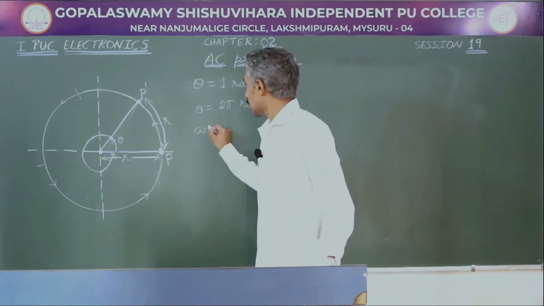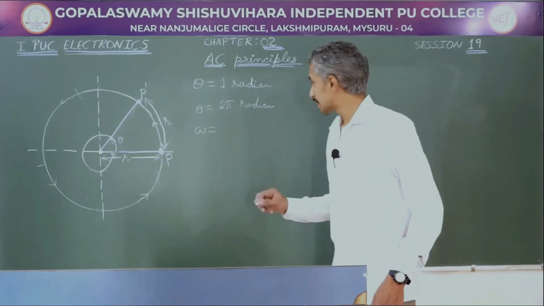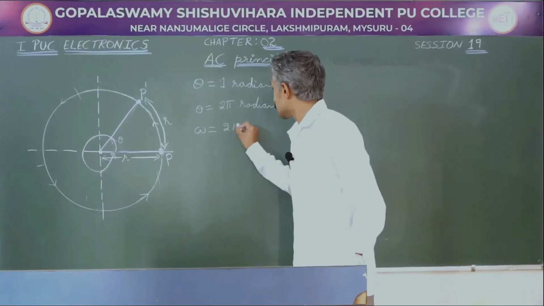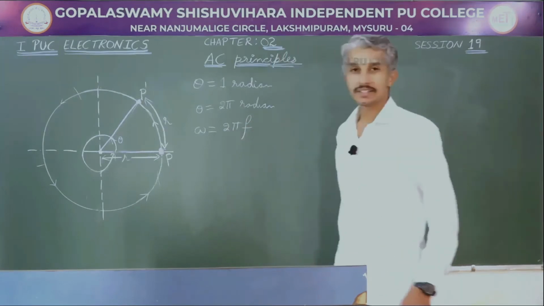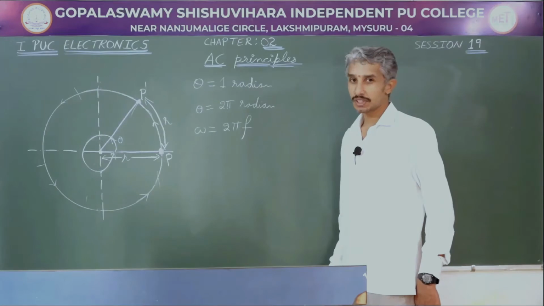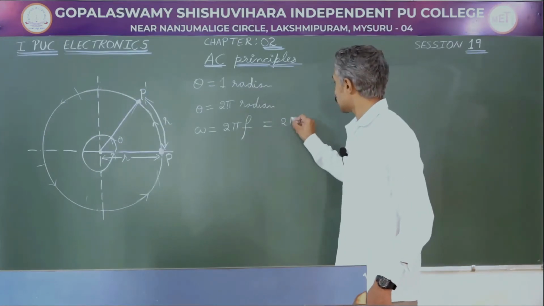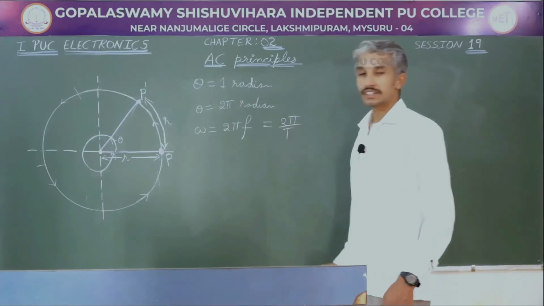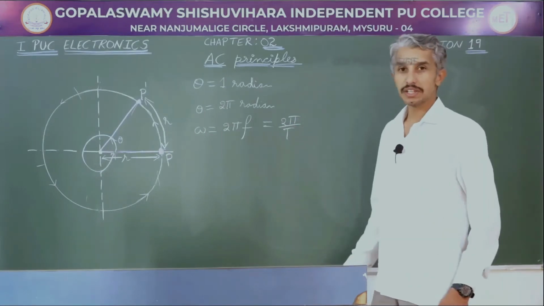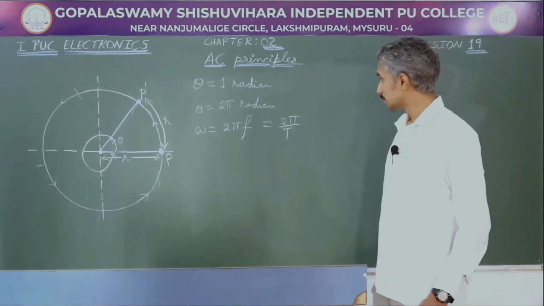Next, what about angular frequency, which is the angle covered in 1 second? It will be equal to 2 pi f, where f is frequency, that is number of cycles per second. The same angular frequency can also be written as 2 pi by T, where T is time period, which is time taken to complete one cycle.